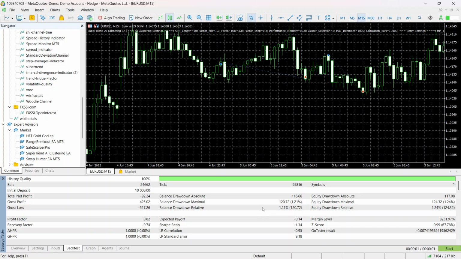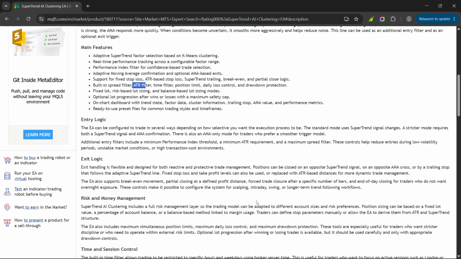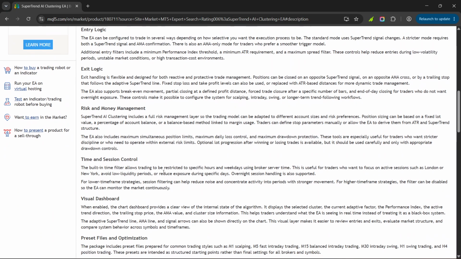Now, who is this EA for? It's for experienced traders who like trend systems, would forward test properly, size positions conservatively, and monitor it. Great if you're on trending pairs or higher time frames and want something more adaptive than basic SuperTrend. Now, who should avoid it?